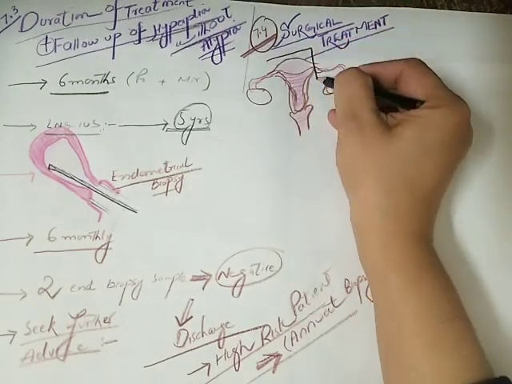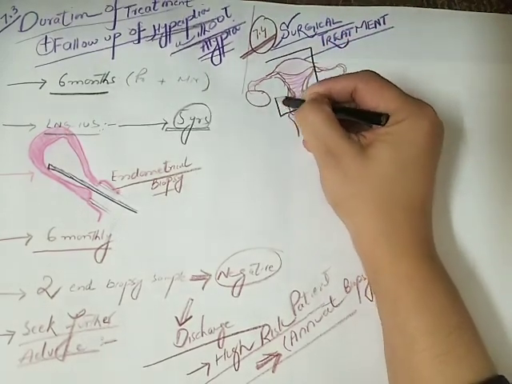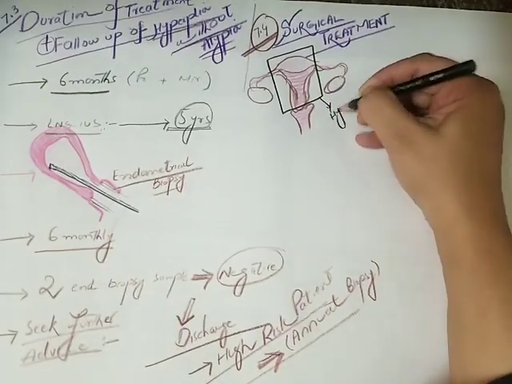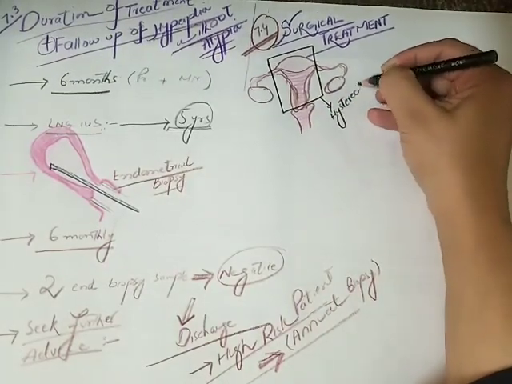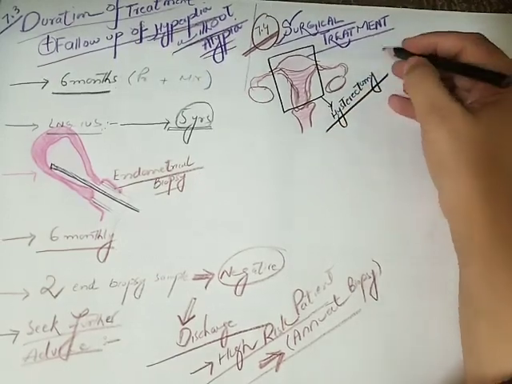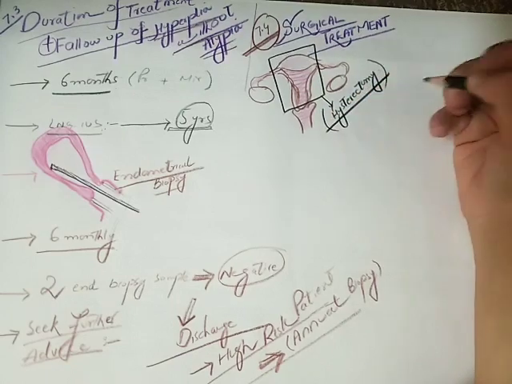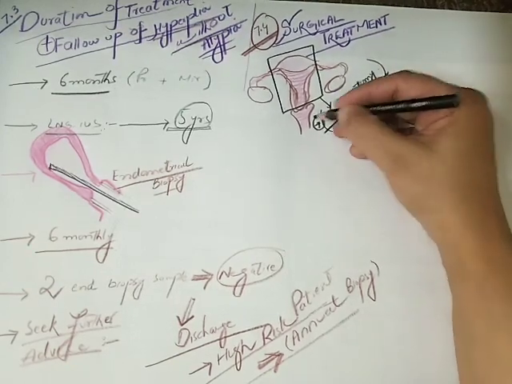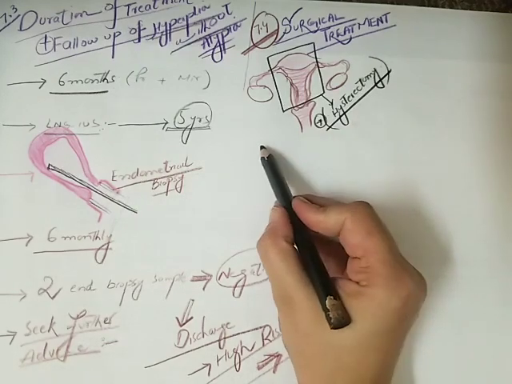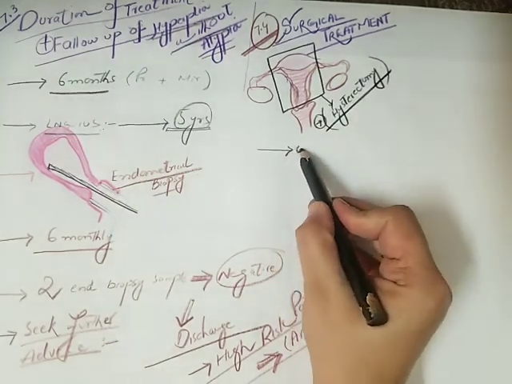Okay, so I'm drawing the picture of hysterectomy. We are removing the uterus, we are considering the option of hysterectomy. But we shouldn't offer it to each and every patient with endometrial hyperplasia, especially those with atypia. We shouldn't consider it in each and every case. But yes, in a certain group of patients, we can offer hysterectomy.